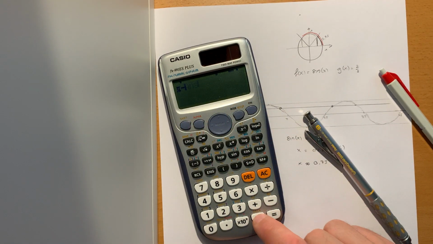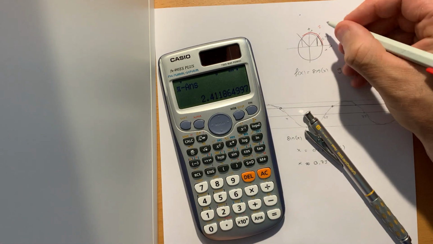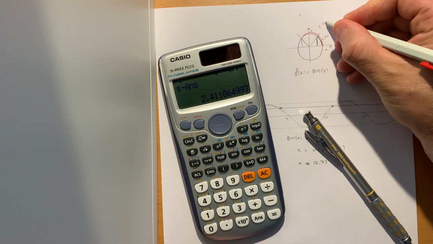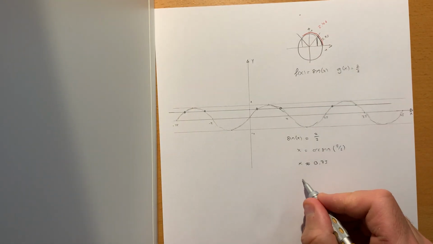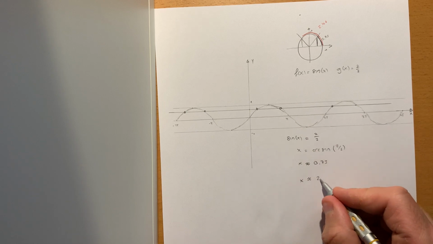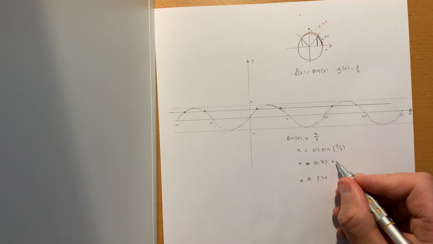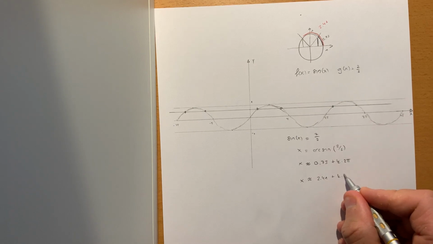Pi minus the previous value. So that's 2.41 approximately. So we have x is approximately equal to 2.41. This is plus k times 2 pi, and here plus k times 2 pi.